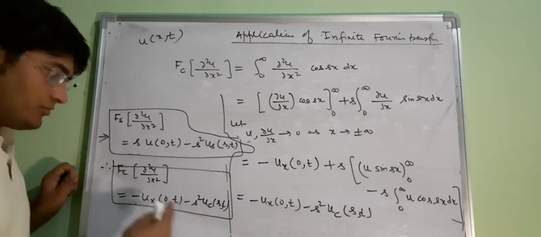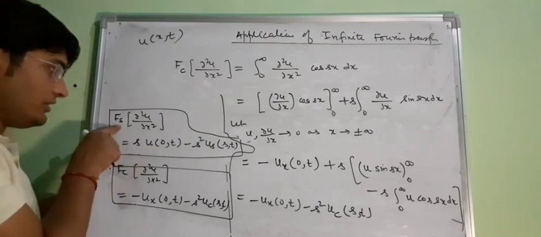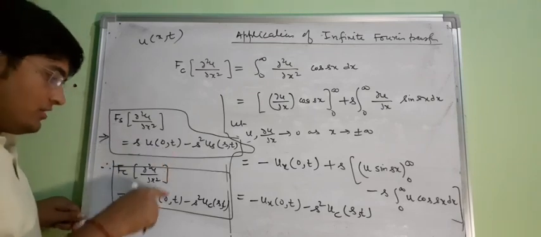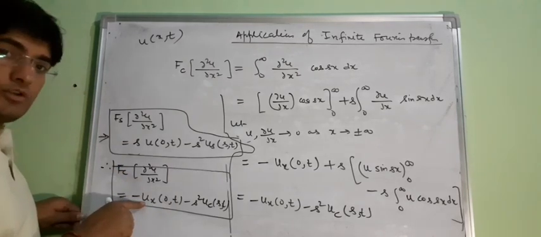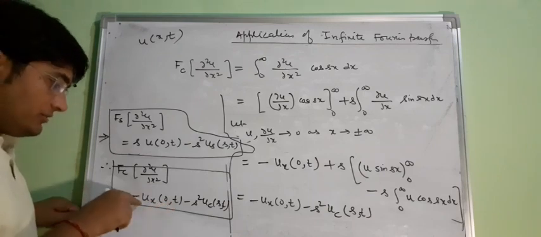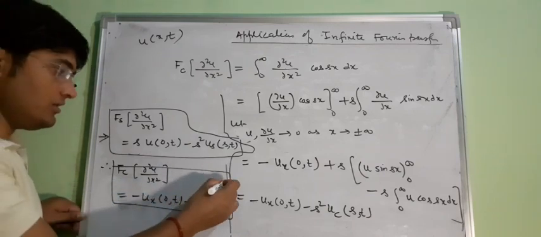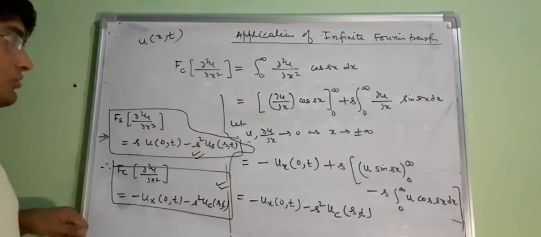During the solution of a problem, remember that we will use the sine formula when the value of u0 comma t is given, and we will use this Fourier cosine formula when the value of del u upon del x is given at x equal to 0. For the remaining cases use the Fourier sine transformation.